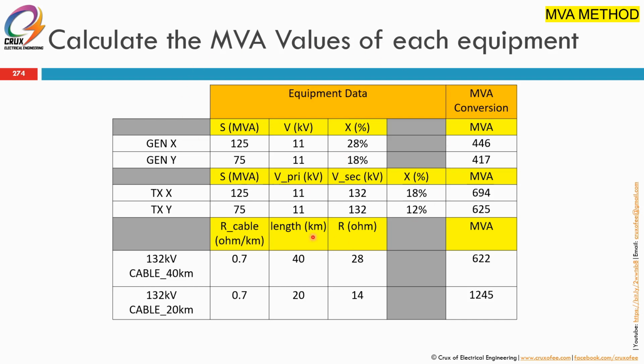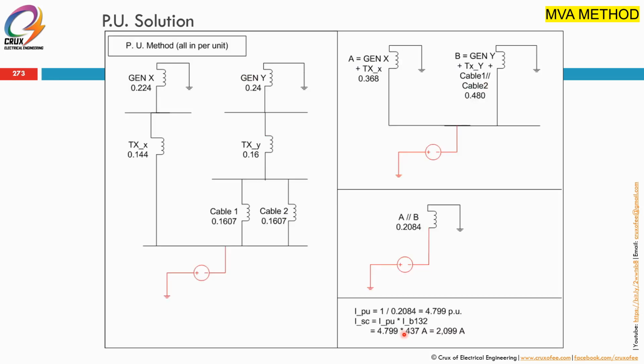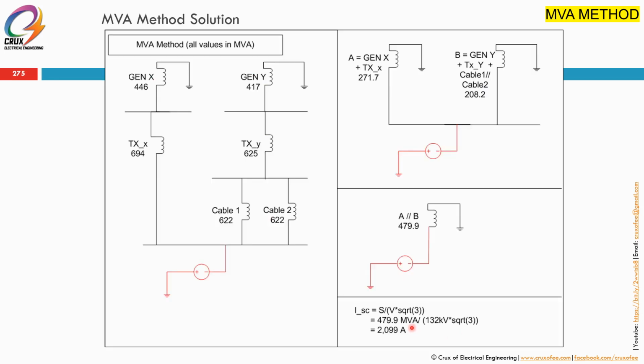For the MVA method, we first convert to MVA fault level for each of the transformers and cables. For one cable it's around 622 MVA. For two cables in parallel, it becomes like a 20 km cable. So we also get 2099 amps. Sorry, this is supposed to be kA. 2K, sorry, this is correct, 2000 amps. So this is 2K.